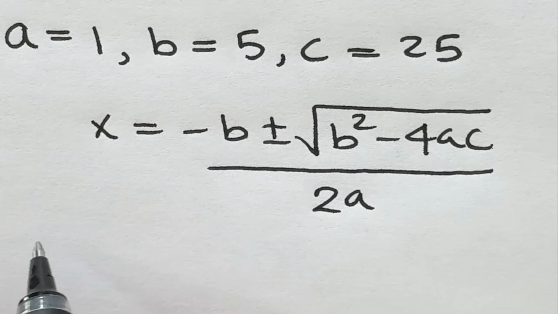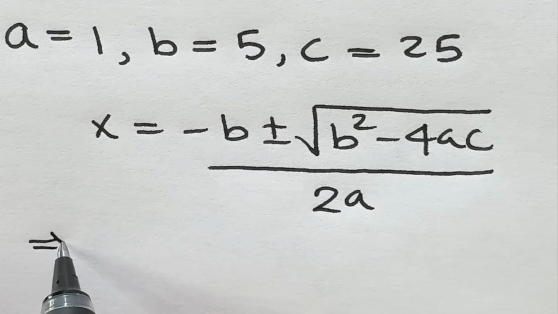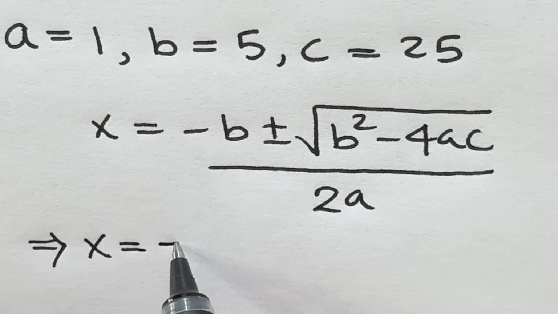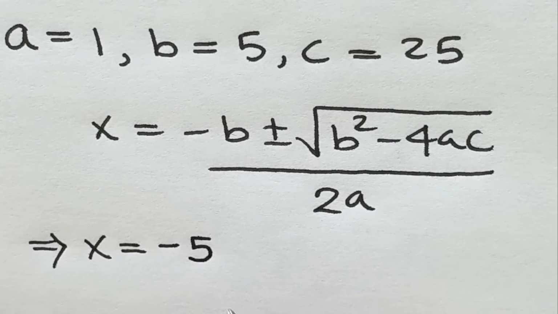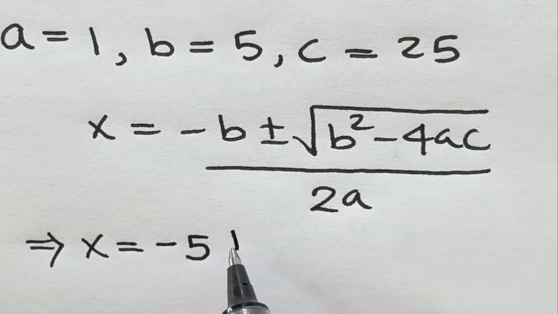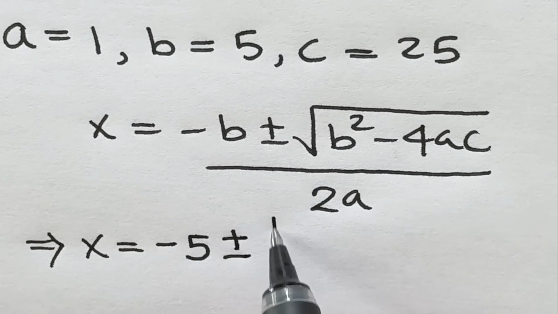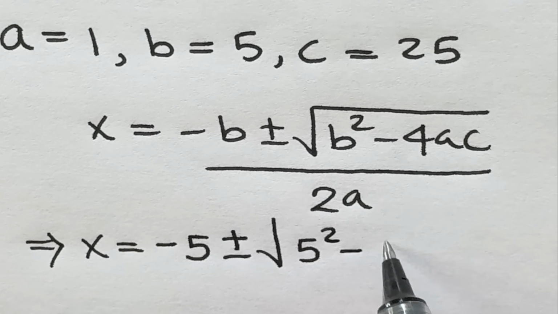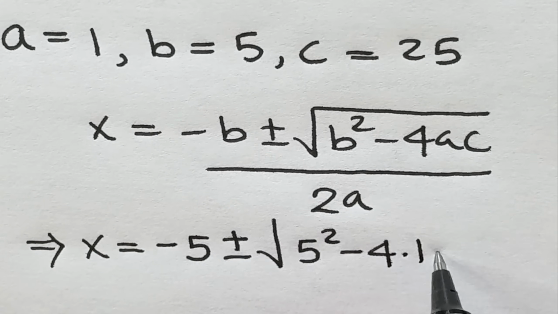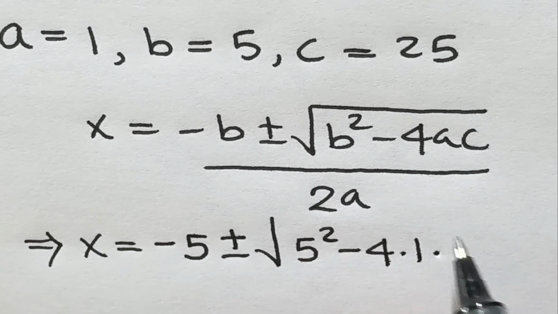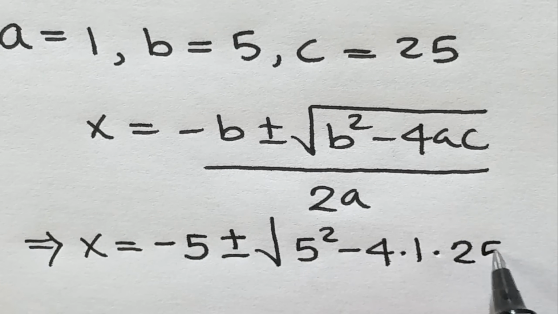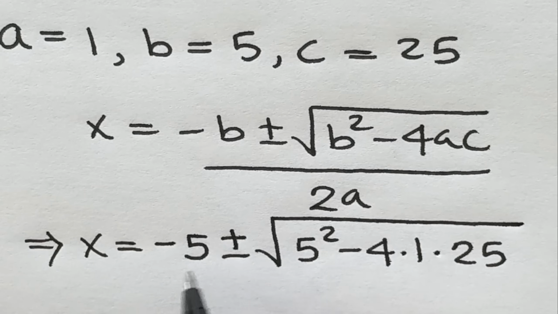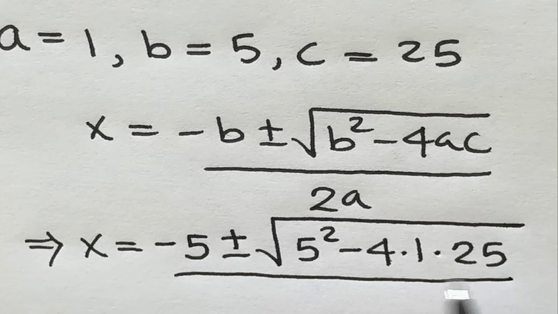So this would then imply that x is equal to minus b. B is 5, so minus 5 plus or minus square root of b is 5, 5 squared minus 4 times 1 times 25 then divided by 2a.